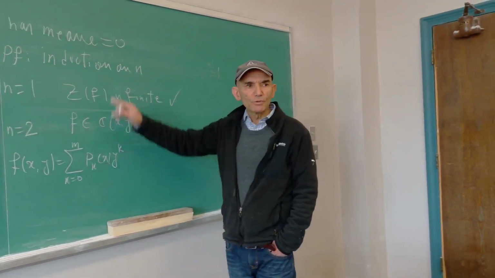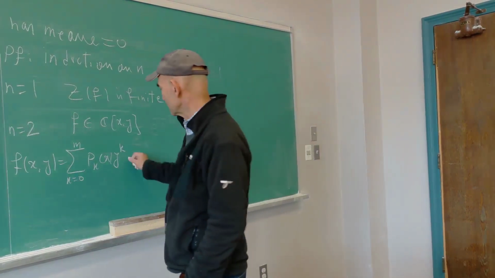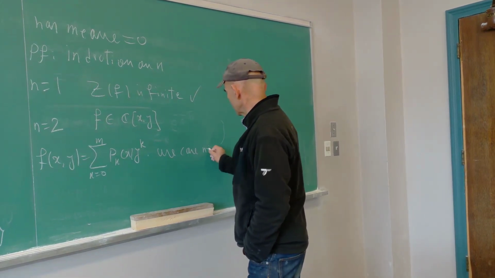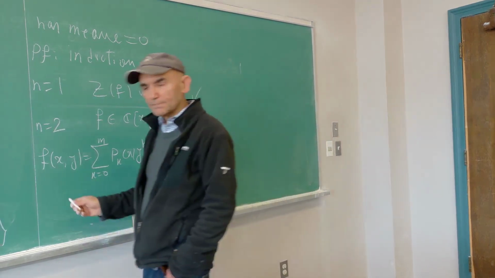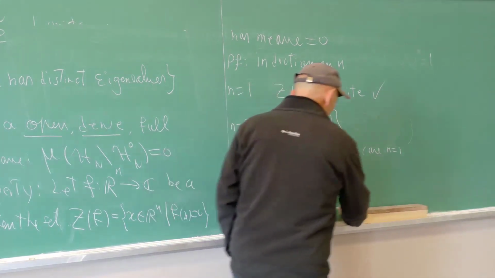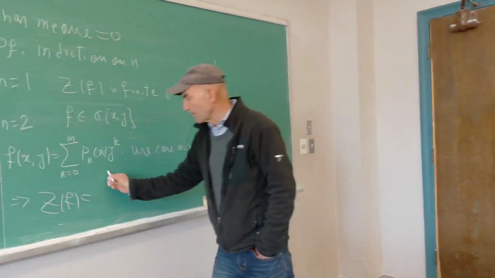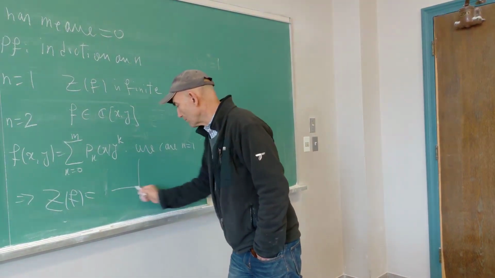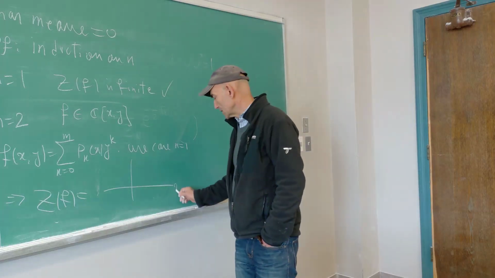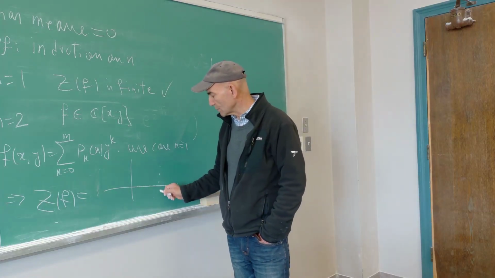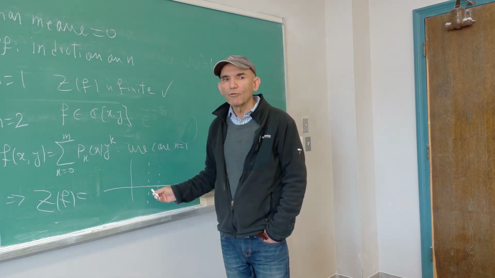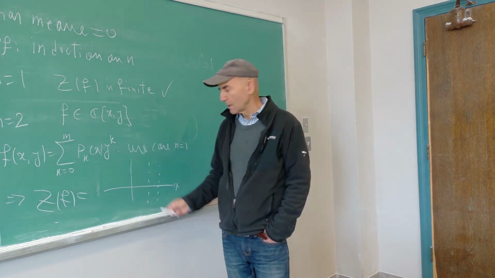Then if you use the case n equal to 1, you can conclude that the set of zeros of f is of this form: for almost all points x, it's just a finite number of points over this x, and for a finite number of points x, it's a full line.